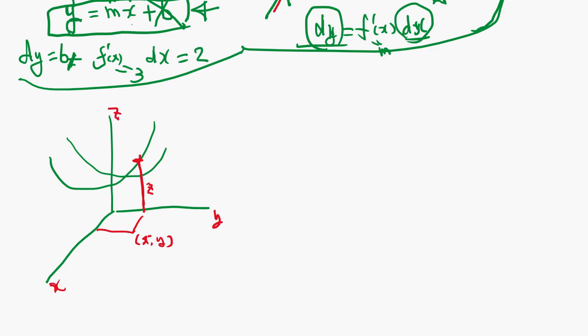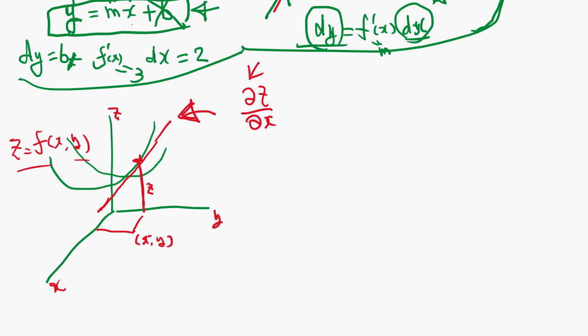Parallel to x, if this function is z equals f(x, y), multivariable, right? Then dz/dx. And why do we write d this way?